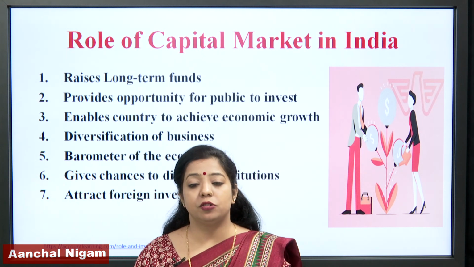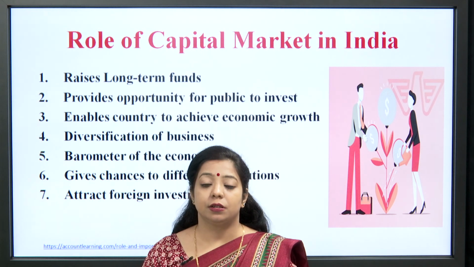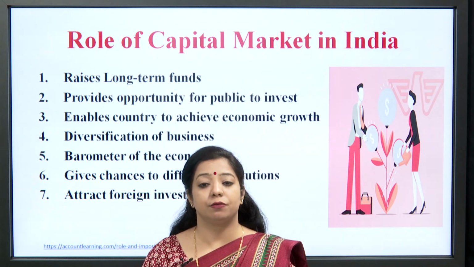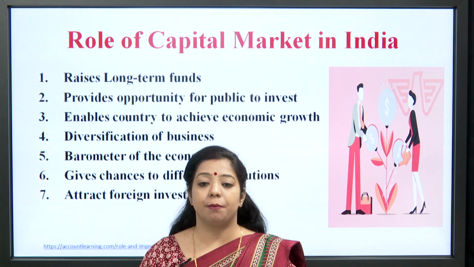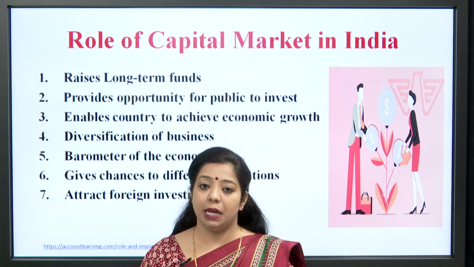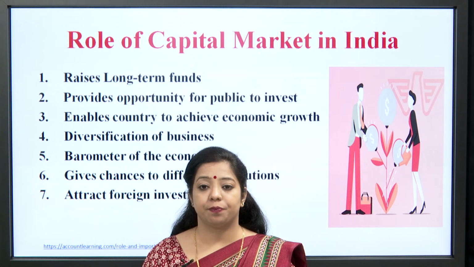The capital market also plays an important role in making investors capable of diversification for doing business. If they have a proper amount of capital, they will be able to diversify their business in various ways.